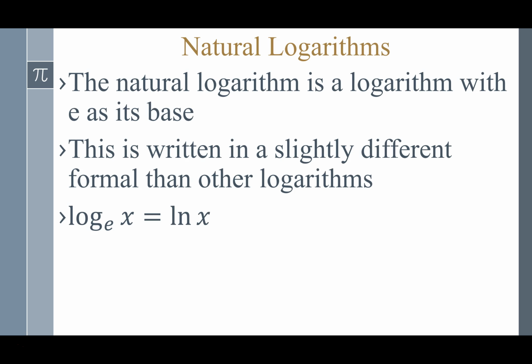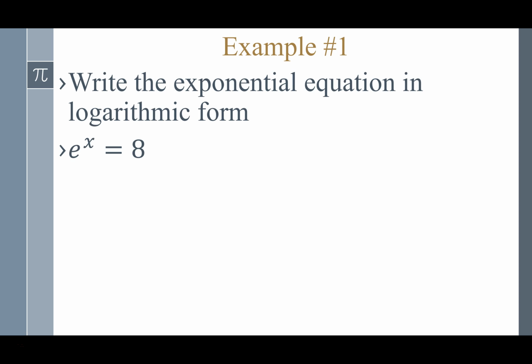Now, because natural logs are simply another type of logarithm with a different base, all the different rules for rewriting logarithms to exponentials and vice versa will still apply. If I want to rewrite this exponential equation, e to the x equals 8, in logarithmic form, we always write it as log of the base, and we switch the two values, the x and the 8.